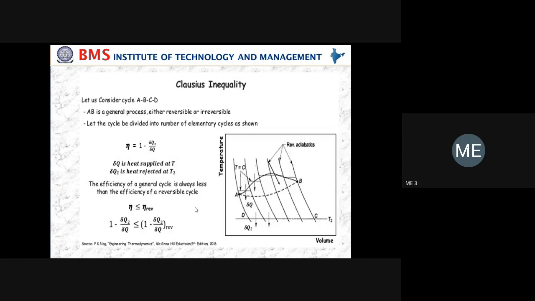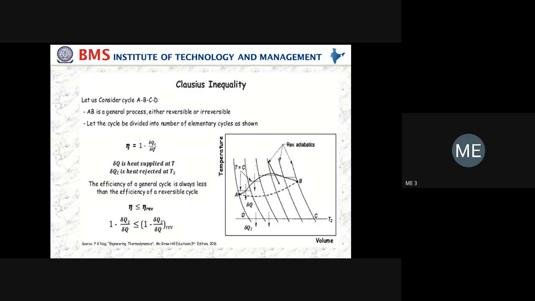That's why I say Carnot theorem is the most important theorem, where we take different cycles and prove the efficiency of a reversible cycle is always the maximum value. Eta general is less than or equal to eta reversible. It is never greater than the reversible cycle.